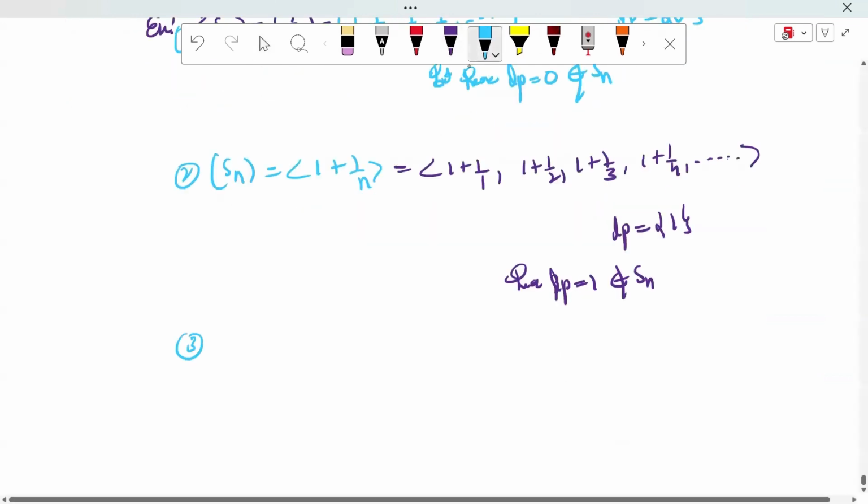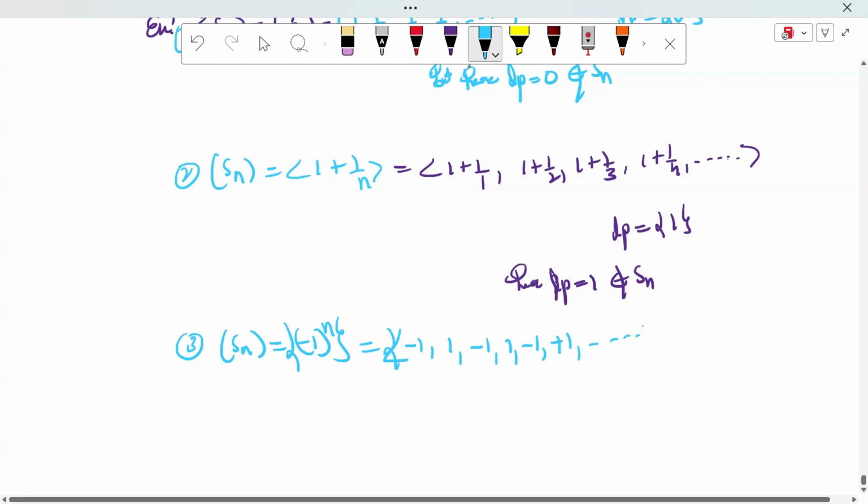Third example. For example, the sequence Sn is equal to (-1) to the power of n. What are the terms in the sequence, sir? It is nothing but -1, +1, -1, +1, -1, +1, up to so on.